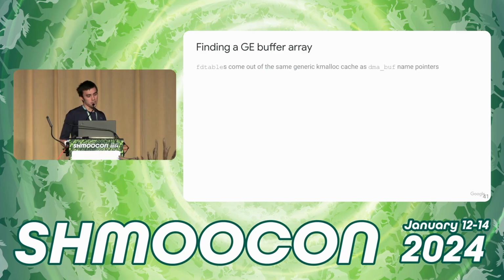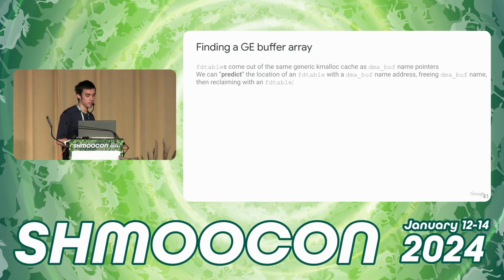There's a couple different ways to do this. The way that I found that was fairly straightforward is I found out that FD tables come out of the same generic kmalloc cache as the DMA buff name pointers that I can cause to be reallocated and freed at will with GED DMA buff set name. Because they come out of the same generic kmalloc cache, I could potentially predict the location of an FD table.